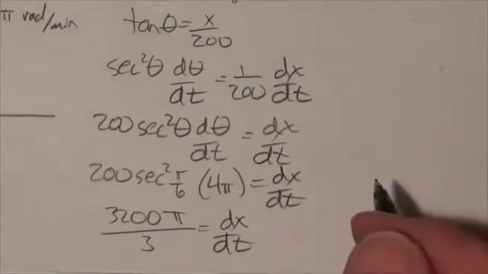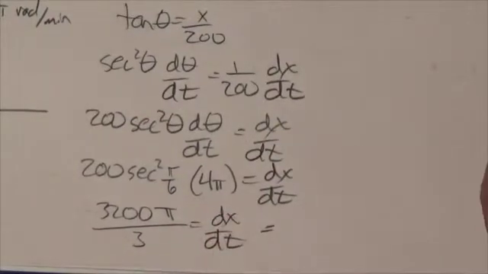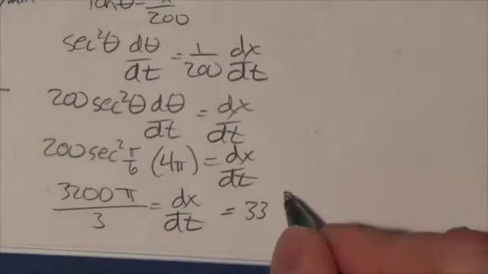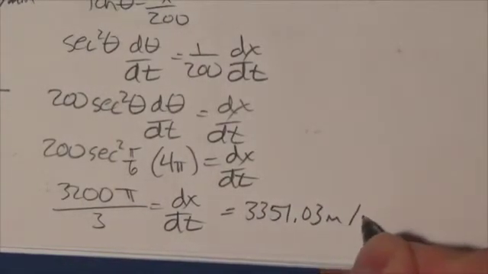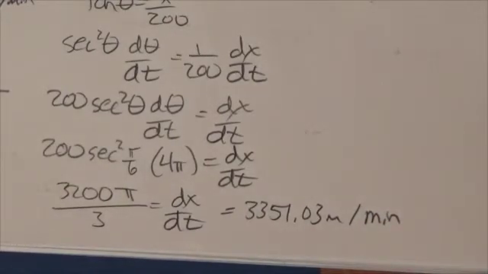We could do that in numerical terms, in fact, I probably should, because we're asking for how fast it's going. So I'll multiply that by pi and divide that by 3, and we're getting that the light is shooting along there at 3,351.03 meters per minute. And that's the speed that it's moving along the shore.